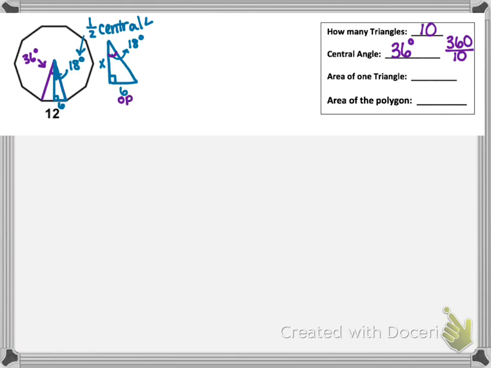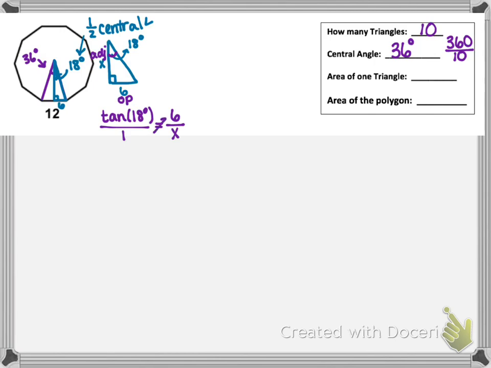My hypotenuse is across from my right angle, and that's blank. So that makes X my adjacent. I have opposite and adjacent, so that's tangent. So I'm going to have the tangent of 18 degrees over 1 equals opposite over adjacent, or 6 over X.